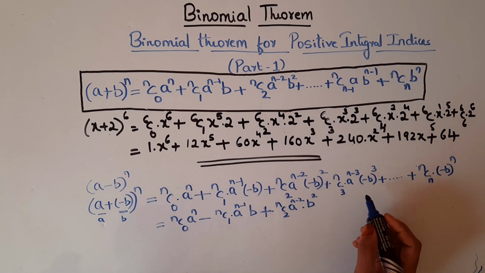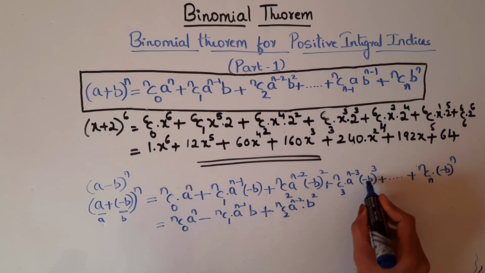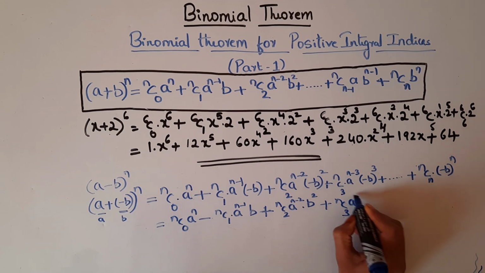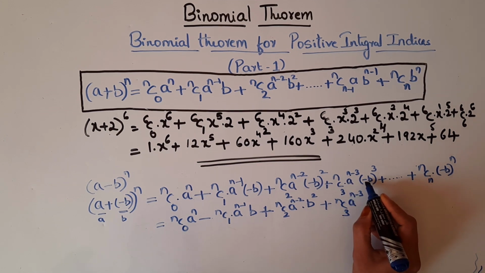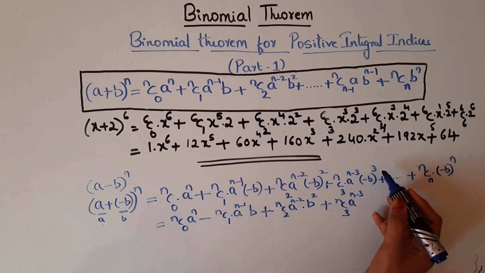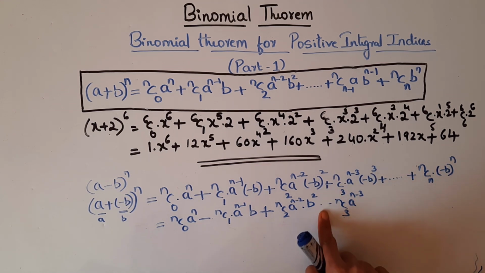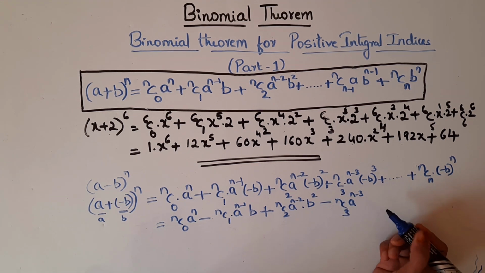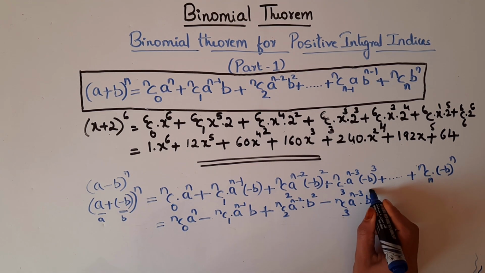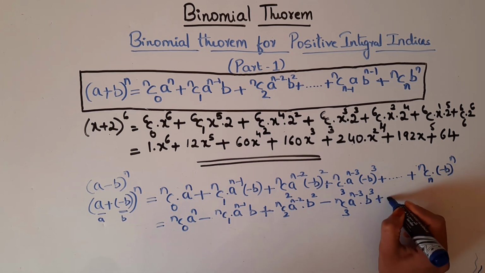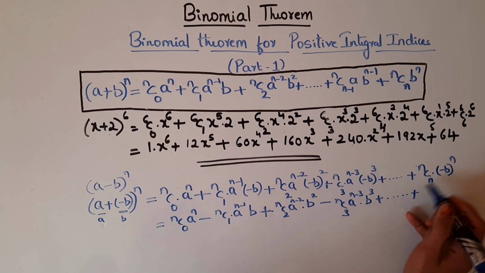So the next term I can write as plus NC3 into a power n minus 3, here minus b cube. Here odd power, right? So you will get minus. So that minus I will put here, and here I can write b cube. Plus and so on, to the last term.